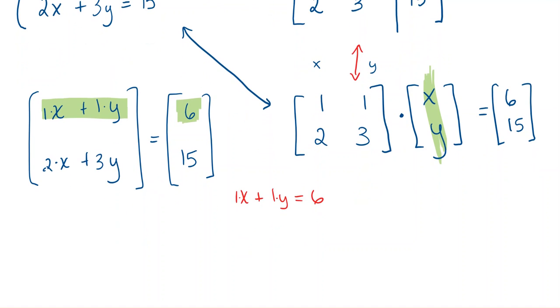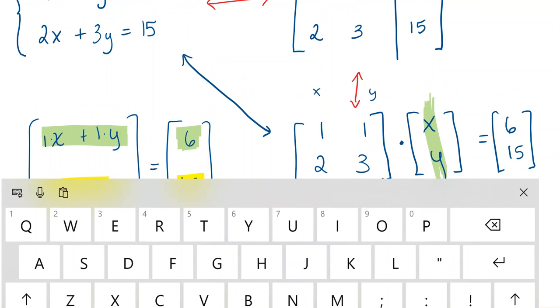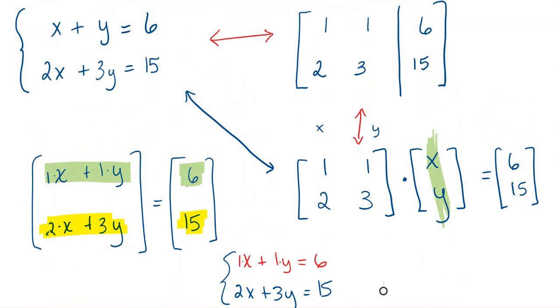Similarly, this entry must equal this entry, which would give us this equation. And we see we got back to our original system of equations.